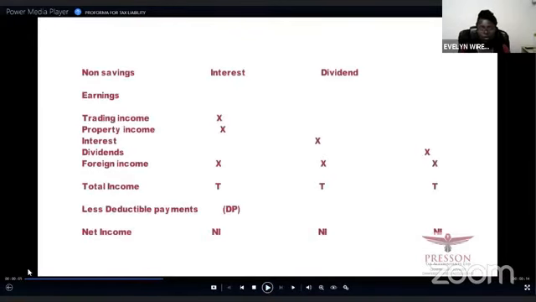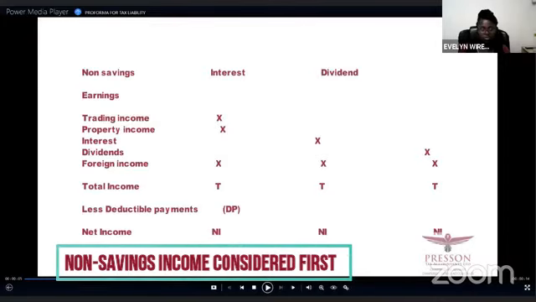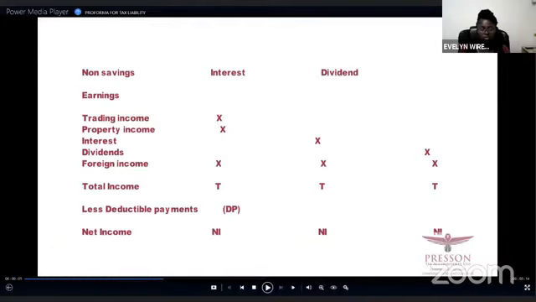Okay, so on the screen, I put a sample of a pro forma there. We're going to go through it together. So when you look on the screen, you see that the first tab will be non-savings income. That is what we consider first. And then the second category is interest income, and then we go on to the dividend income.